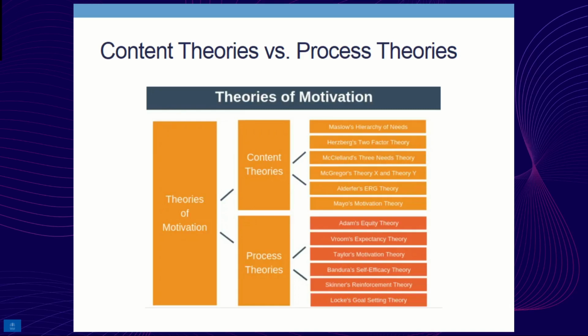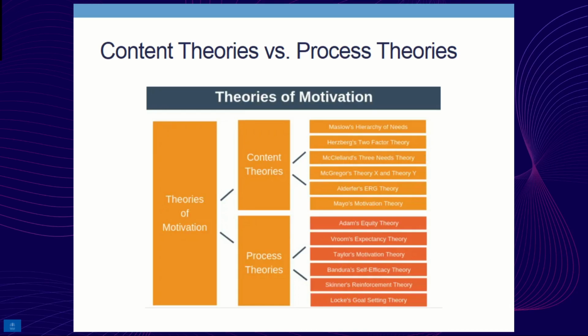The theories then discuss motivation in terms of filling these needs. You can think of content theories of motivation as focusing on what will motivate us. The main content theories of motivation are Maslow's hierarchy of needs, Alderfer's ERG theory, McClelland's three needs theory, and others.